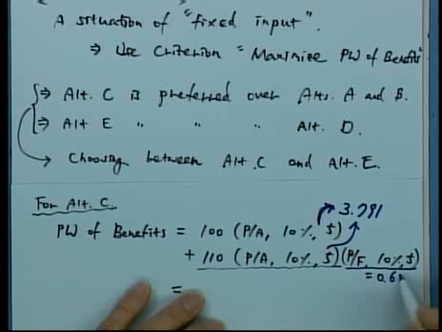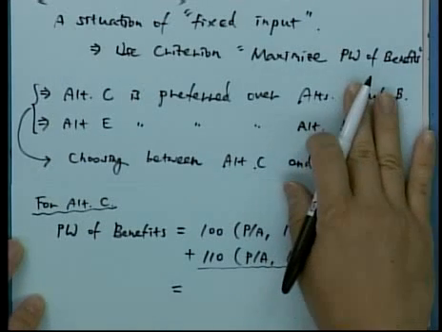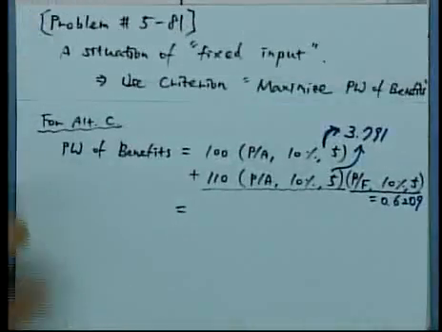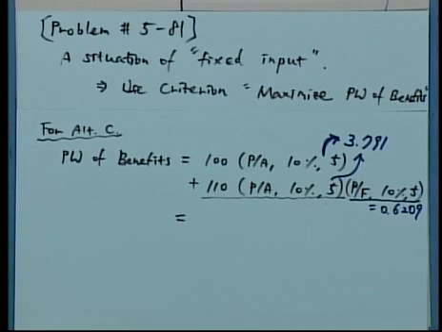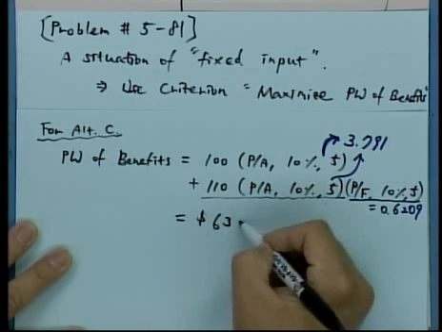So how much is the present worth of benefits for alternative C? This is $638. Okay.